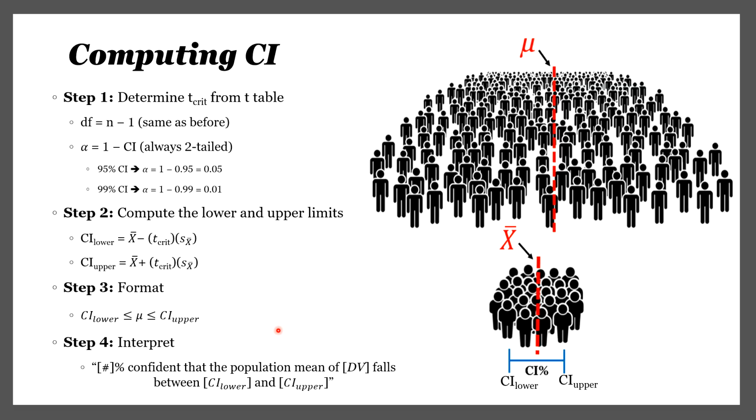And finally, the way you would phrase your answer is that we are some percent confident, whatever your confidence level is, that the population mean of the dependent variable, whatever it is that you are estimating, falls between these two values, the lower and the upper value.